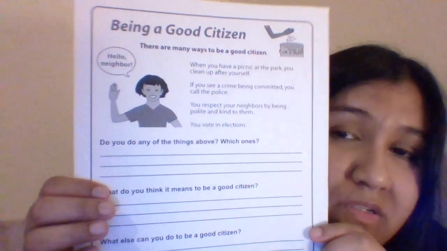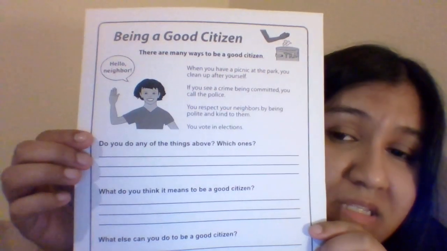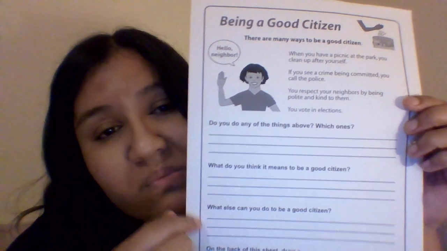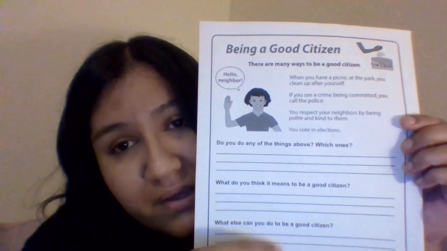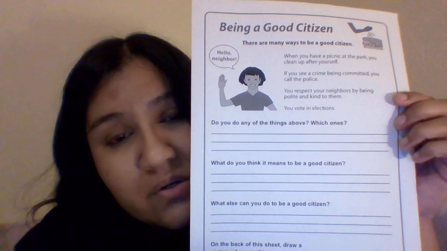And then another example I have, and they can do these either in class or as homework as well. Here's one on being a good citizen. So it asks them questions on what they can do to be a good citizen, and it gives the examples up here, and then they can identify which ones are which.